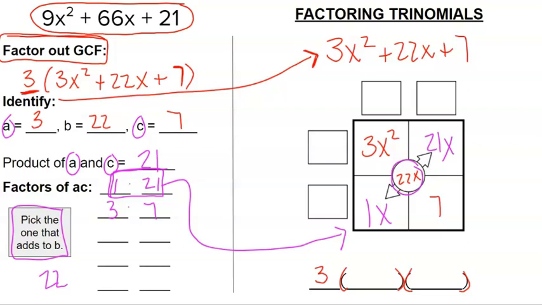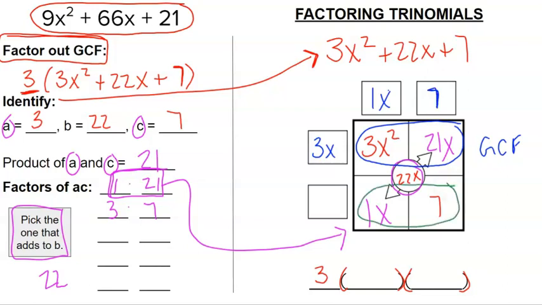Now we're going to go back and do more of that greatest common factoring. 3x squared plus 21x: what is the greatest common factor of those? That would be 3x. We can pull out a 3x, leaving us with 1x to make 3x squared and 7 to make that 21x. Then we'll also do that for the bottom, 1x and 7.